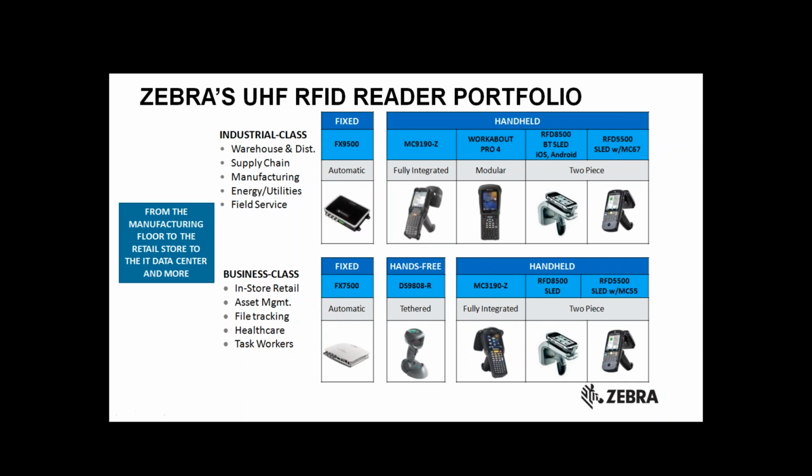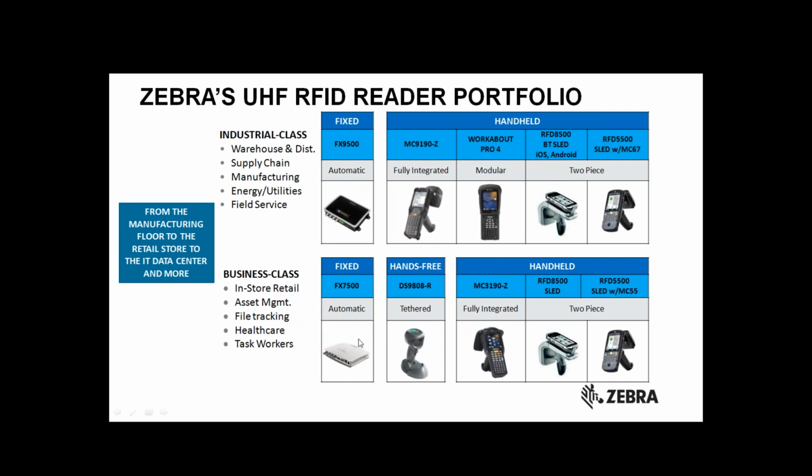which can essentially encompass a Zebra MC67 device, or in the case of the RFID 8500, which can take on an iOS or another Android type device. I'll give you more details on that as well. On the business class, which is generally what you would see in a retail store or in healthcare, in the front of the store kind of situation, we have the FX7500.